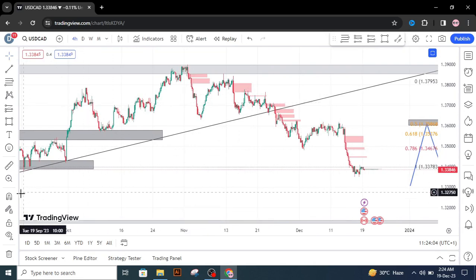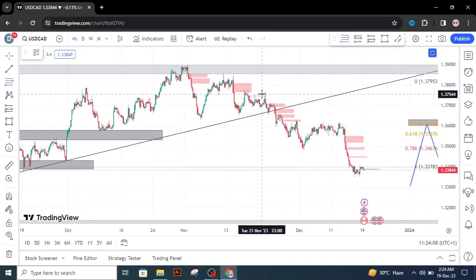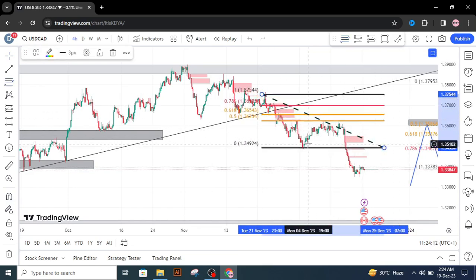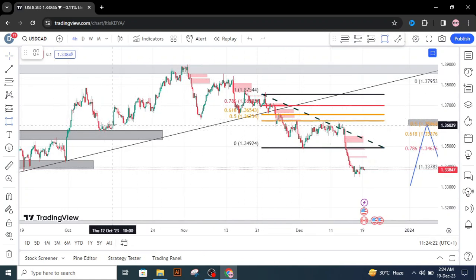So let's use our Fibonacci. Start from up here and then to this part. What do you see? It retraces to this golden zone, and if you look at it, you discover that it makes this point, which was a support, a resistance.